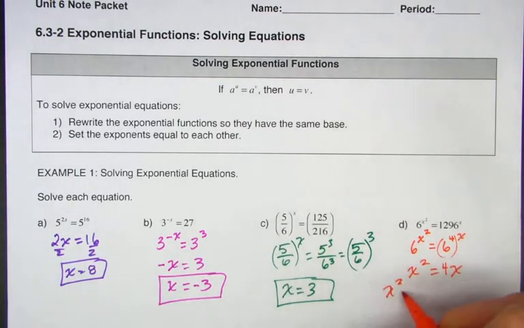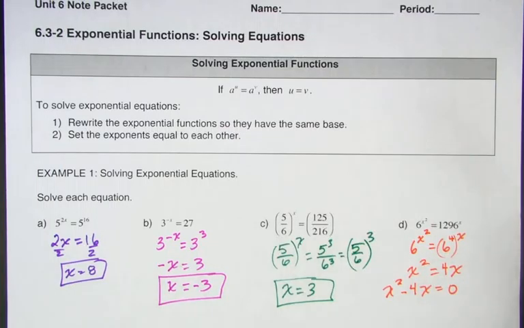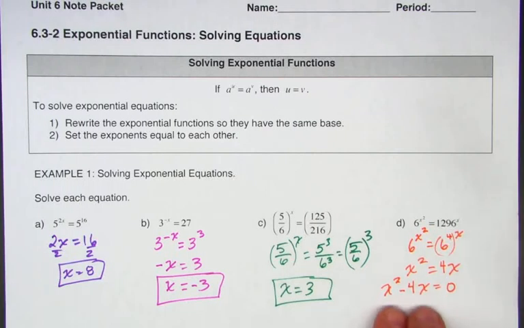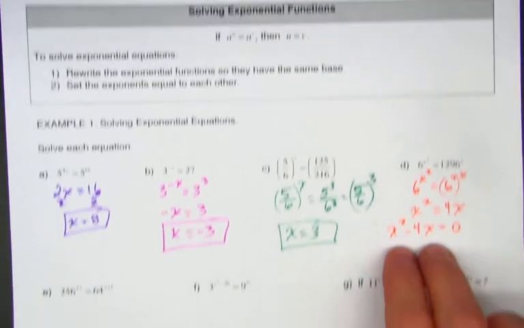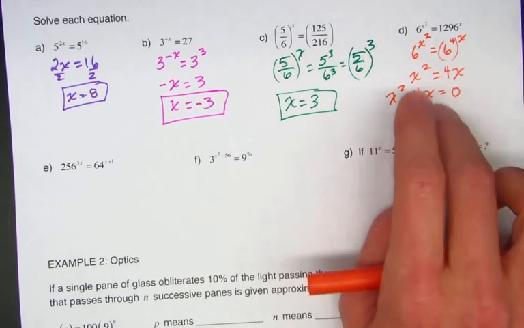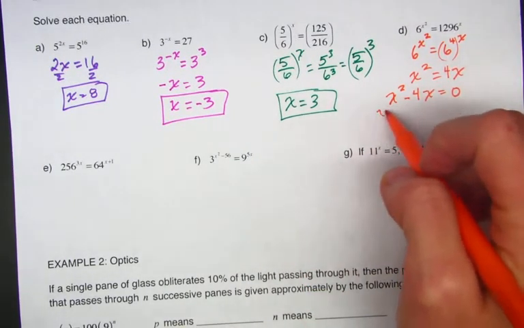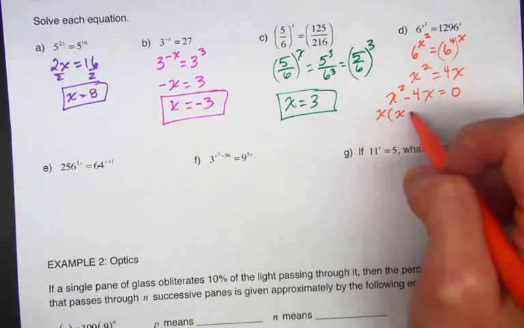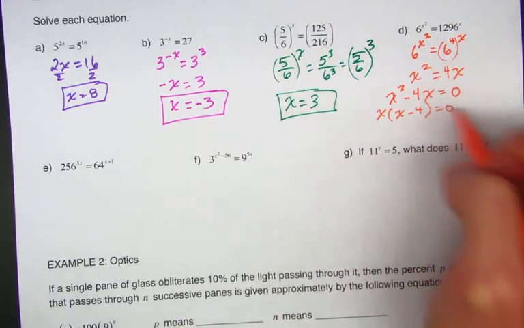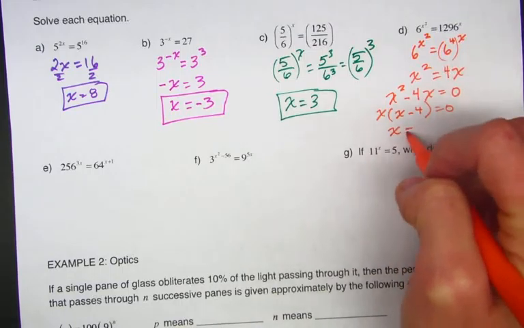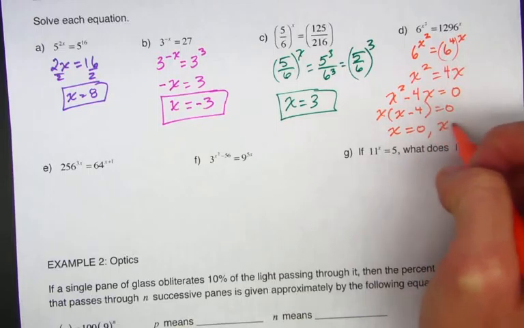So we have x squared minus 4x equals 0. Set it equal to 0, and then what would we do here? What do they have in common? X. Good. So factor the x out, and then you get x times x minus 4 equals 0. Therefore, x equals 0, and x equals 4.